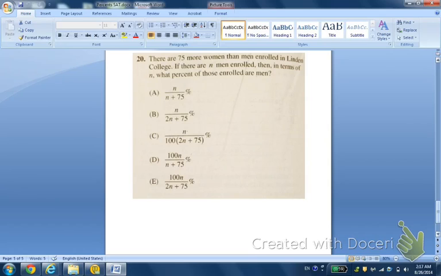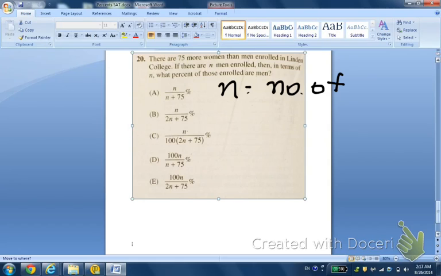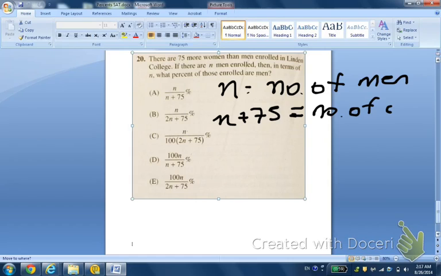So if N is the number of men, and the number of women, there are 75 more women than there are men, so N plus 75 is the number of women.